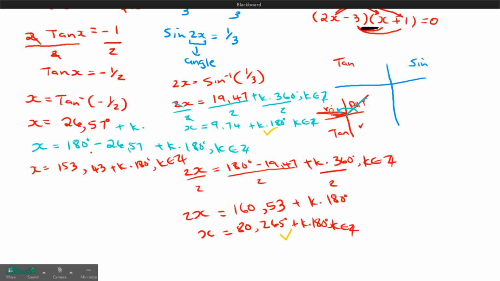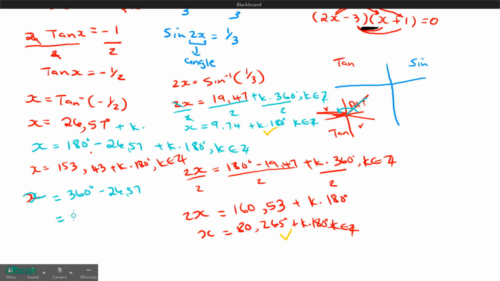But because we said it's this side and this, it means that we must take the very same angle and then subtract now. Therefore, we then again say x is equal to 360 degrees minus 26.57.